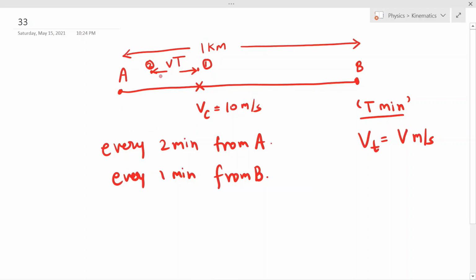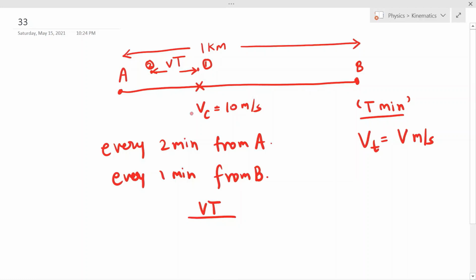And this is covered in 2 minutes, because every 2 minutes the cyclist encounters a taxi coming from A. So this will be distance Vt divided by, now this distance is covered by the taxi with respect to the cyclist in 2 minutes. So I have to write the relative velocity over here.